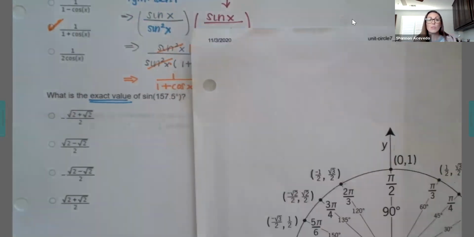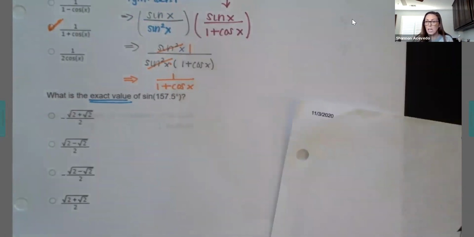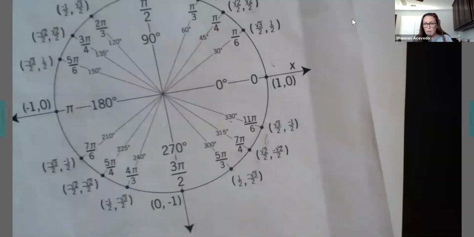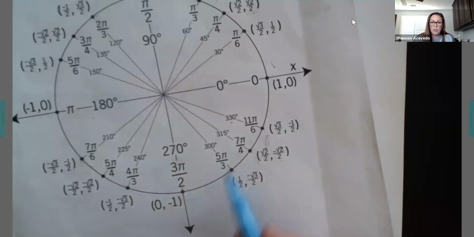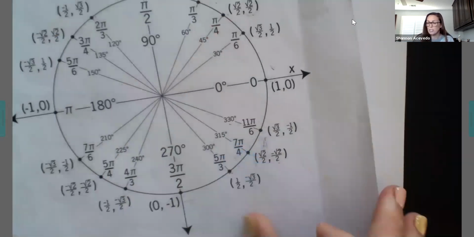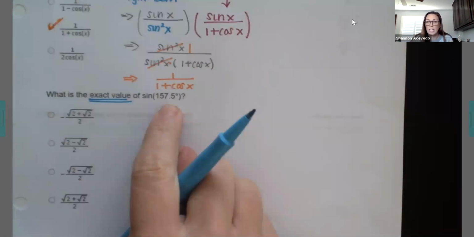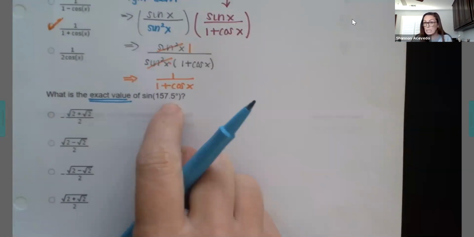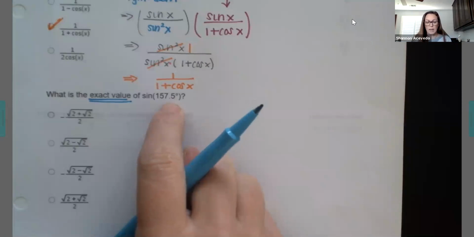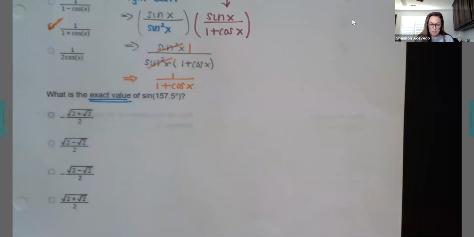And even if I use the sum and differences, there's not two numbers that I can break this into that are going to add to that and are on the unit circle, especially with that 0.5. You know right away that there's nothing, because there are no decimals in any of these degrees, that I can add or subtract two values to give me this. So I can't use my sum or difference identities. Not going to work. So that's where this idea of this half angle comes in.